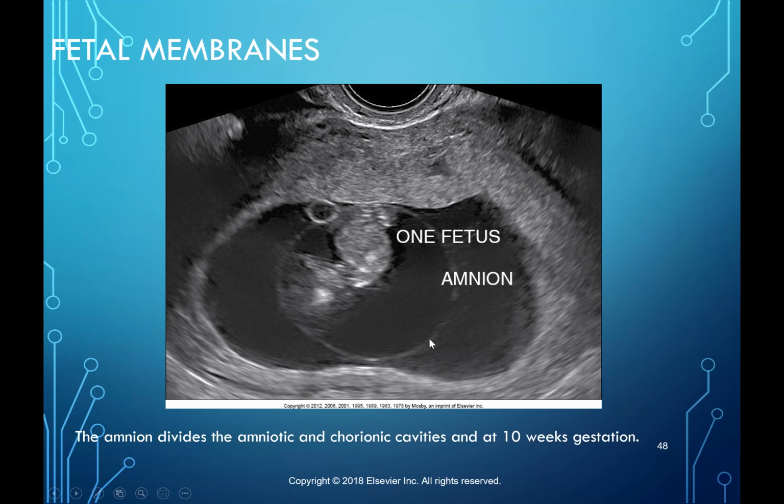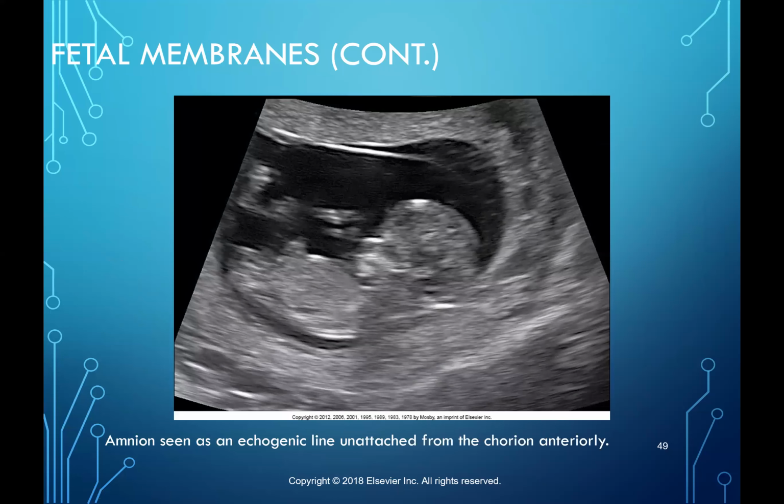Eventually the amnion keeps spreading and will connect with the chorion cavity, and then they will merge together. This is the amnion that's not attached to the chorion yet, with fetal membranes.